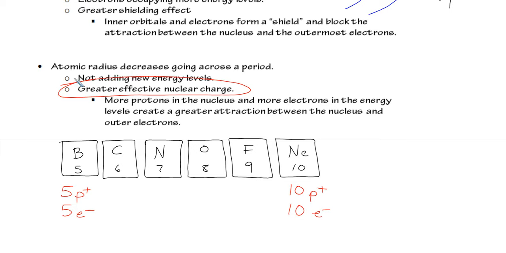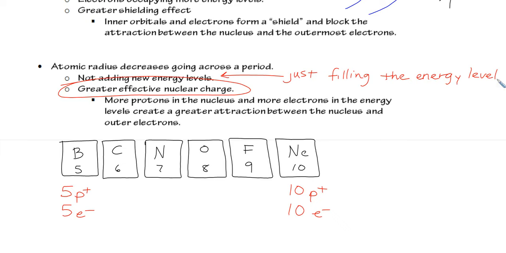We're just filling the existing energy level. So I might put that in here. We're just filling the energy level. So with these guys, I'm all filling the second energy level.